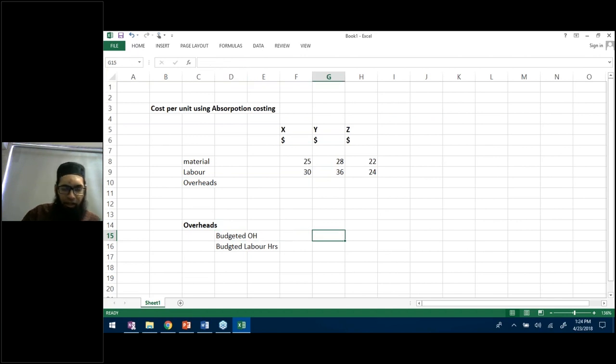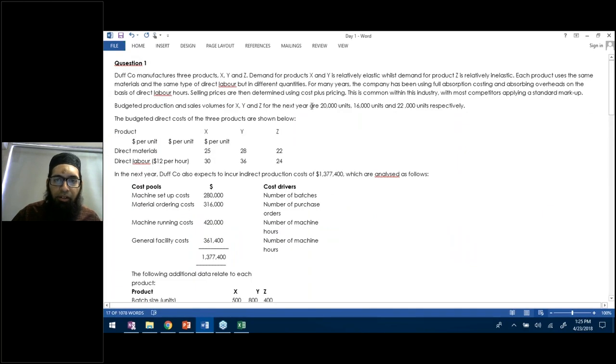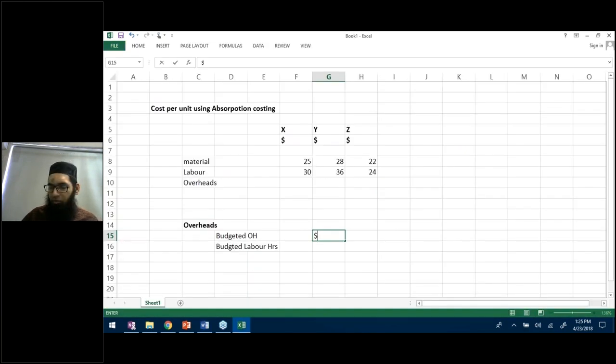Now budgeted overheads are given in the question as 13774400. Now talking about budgeted labor hours, I have to work it out.